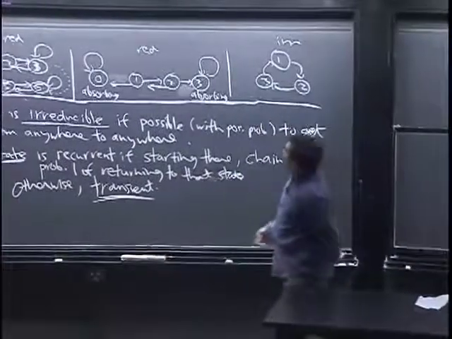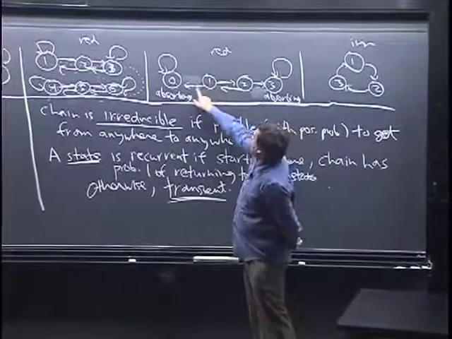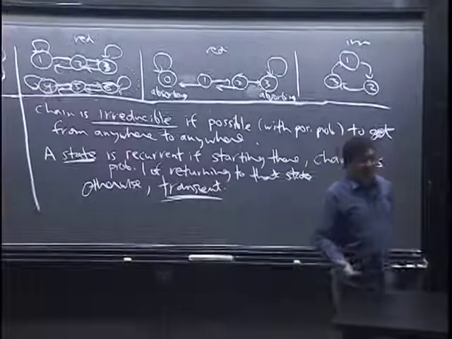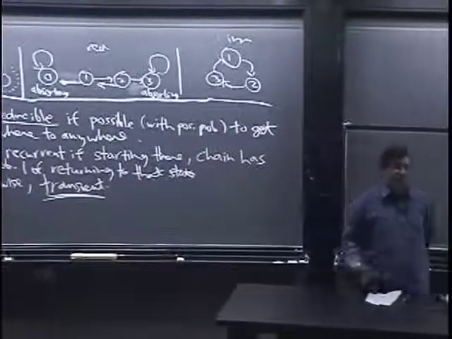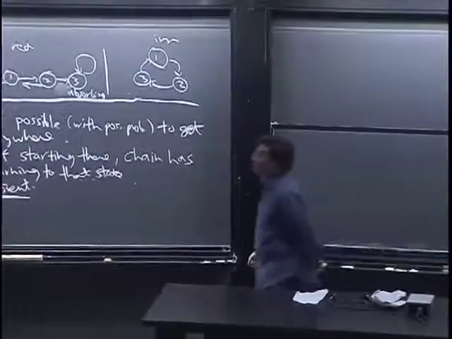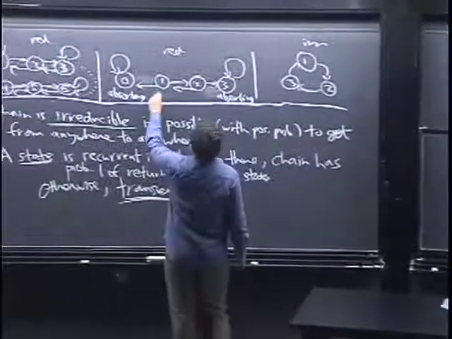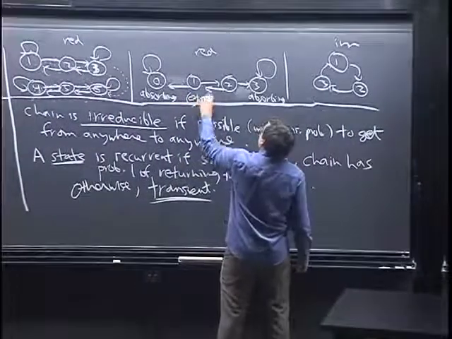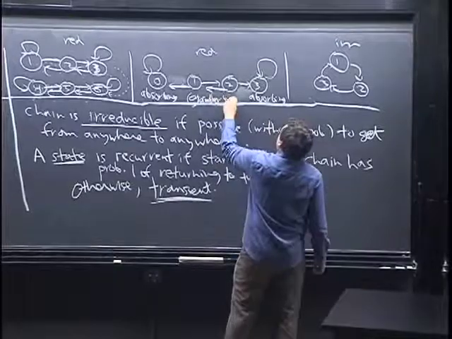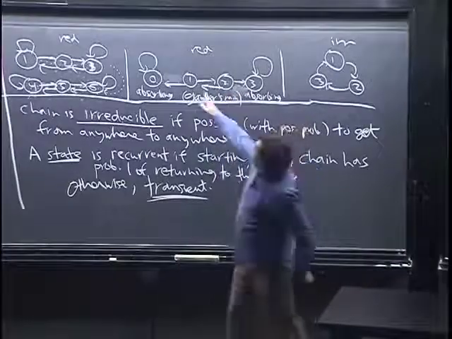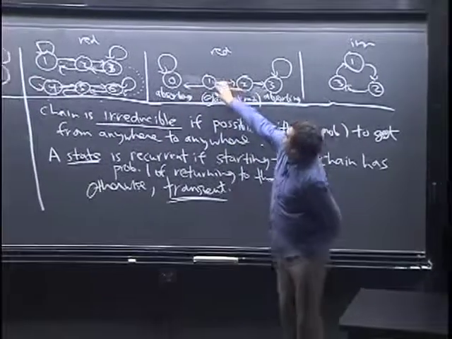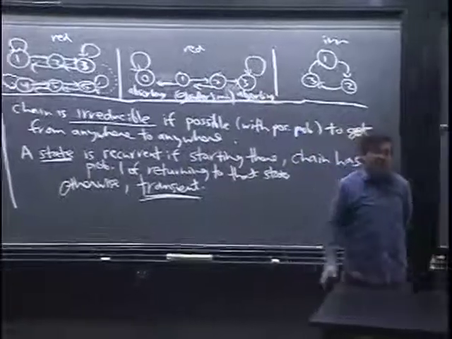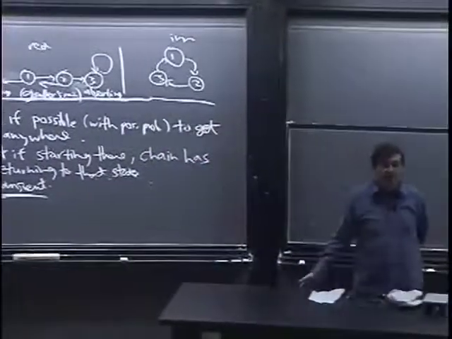Therefore, states 1 and 2 are transient, states 0 and 3 are recurrent, because if you start in state 0, well, then you're in state 0 forever, so it's clearly recurrent. By the way, this example is really just the gambler's ruin, just drawn as a Markov chain, right? Of course I could have had more intermediate states here. That's just the gambler's ruin problem visualized as a Markov chain.